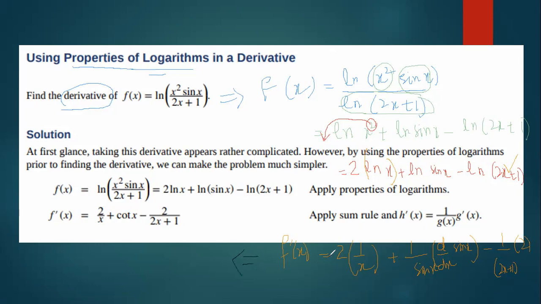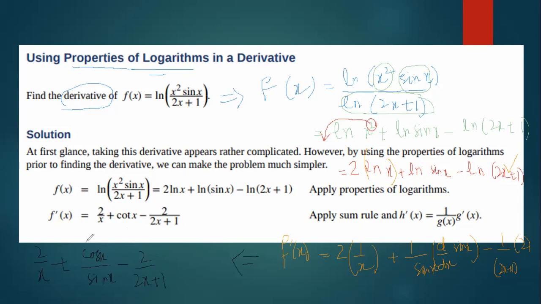So it will be written as 2 upon x plus the derivative of sine, which is cos, so cos x divided by sine x, minus 2 upon 2x plus 1.